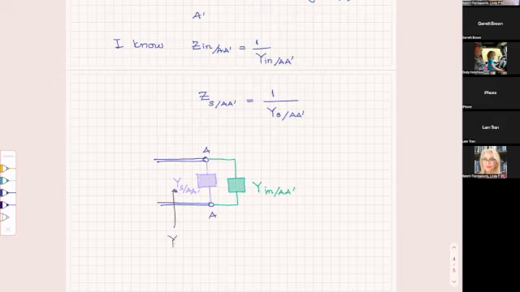The total at A prime is the sum of the two admittances. That's what we do when two admittances are in parallel. So it's this plus this one.